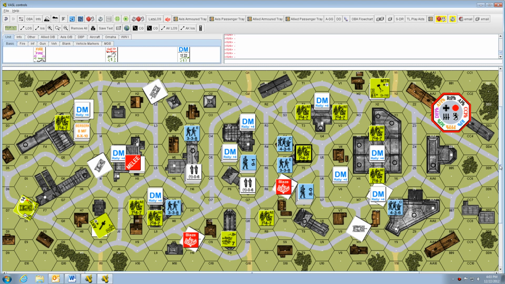The easiest way is just to say, no, I don't want to accept prisoners, invoke the no quarter rule, and from then on, you don't have to worry about any of the rules associated with taking prisoners.